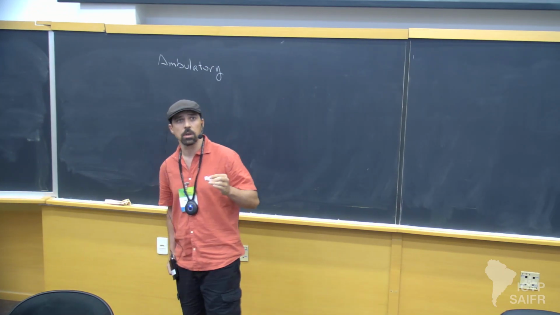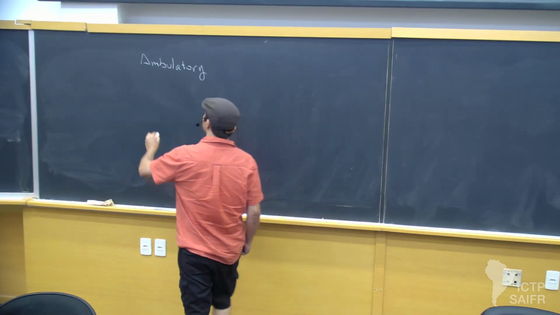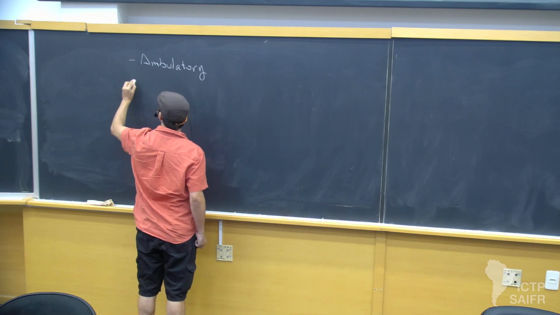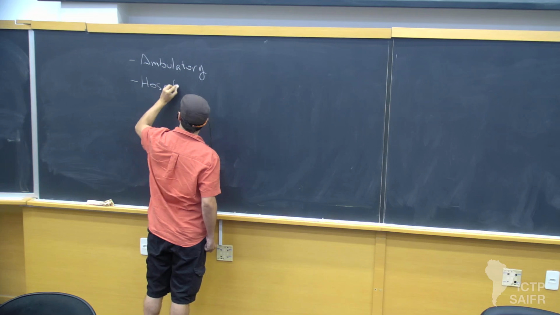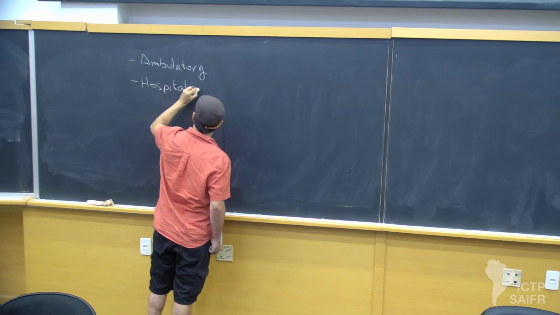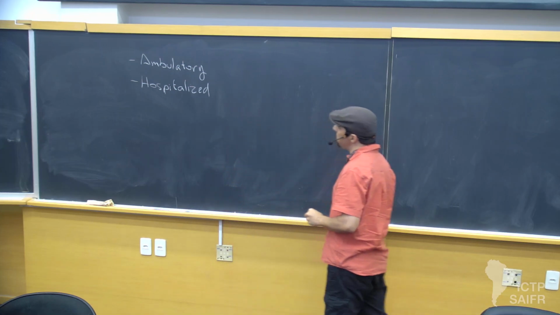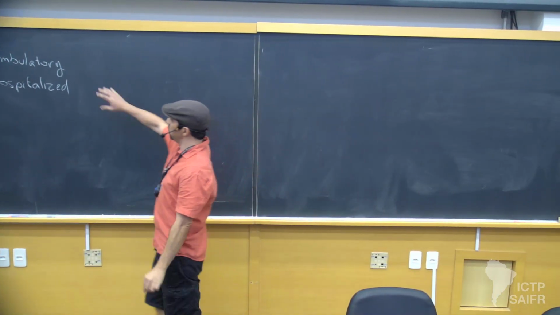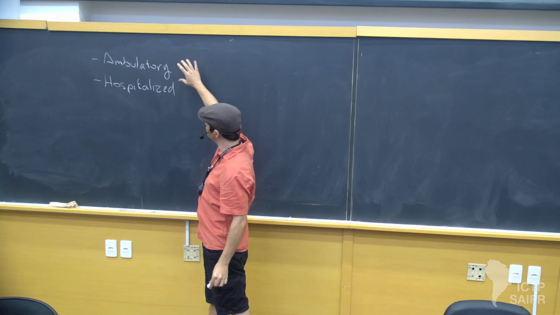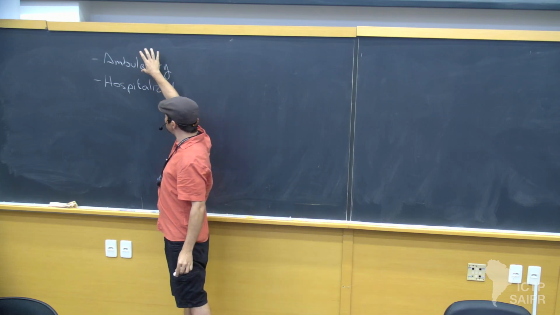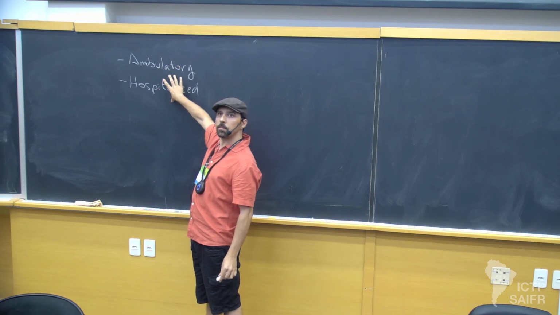So you're thinking about mild to moderate cases. You can have a focus on hospitalized cases. Now, and still, if we only think about confirmed cases, those two will not be the same thing, right?